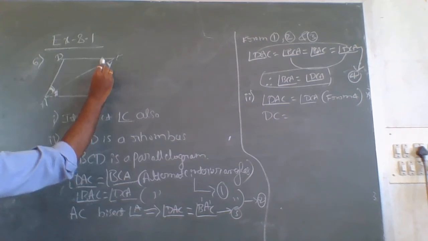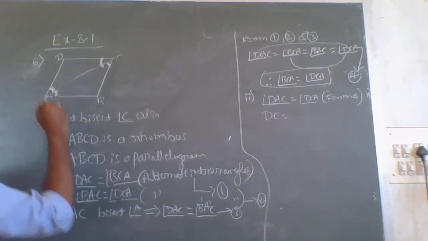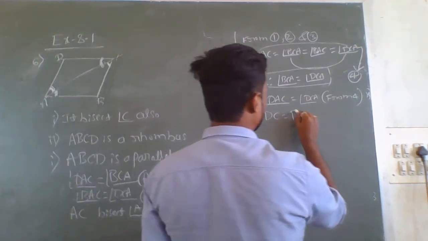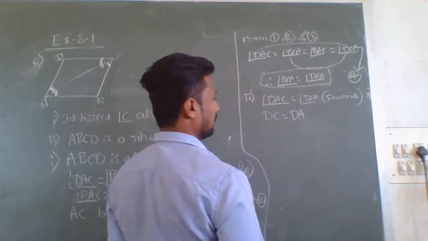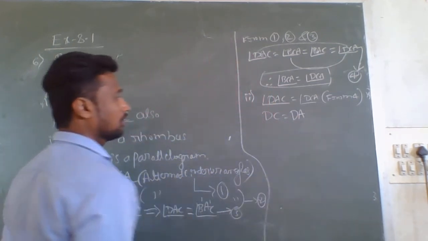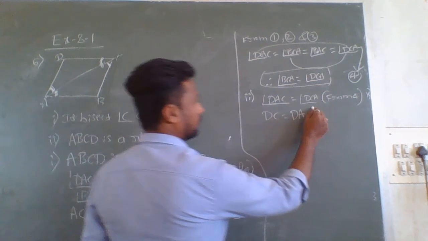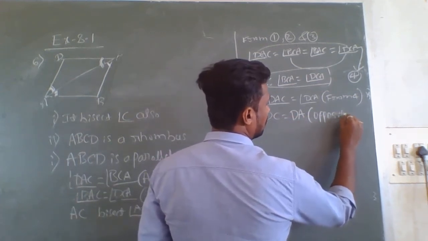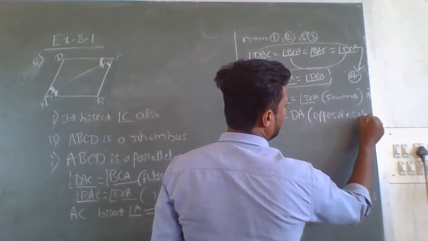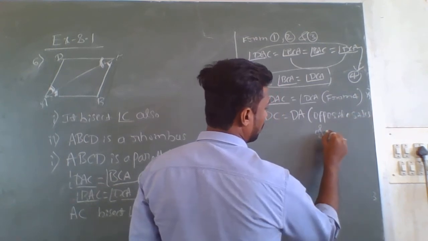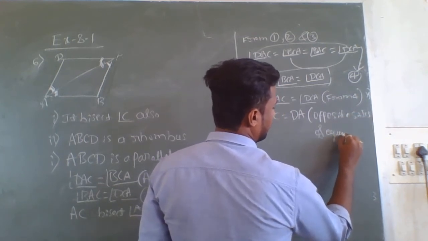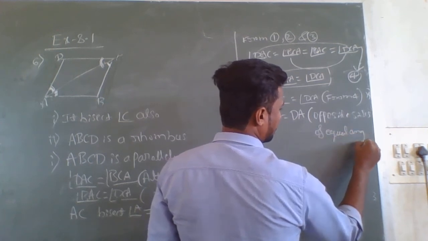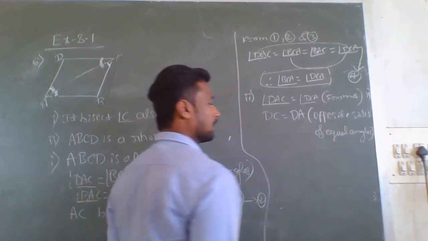The opposite side of this angle is AD, or DA. These two sides are equal now because they are opposite sides of equal angles.